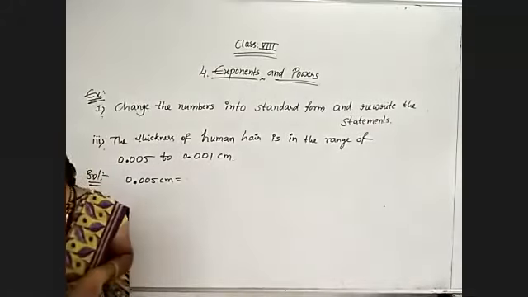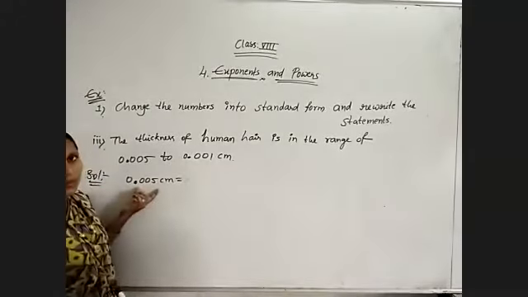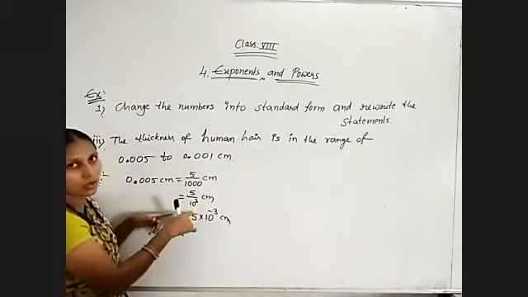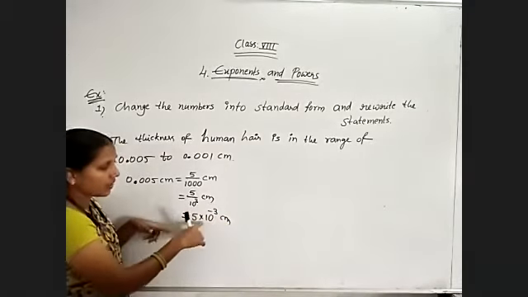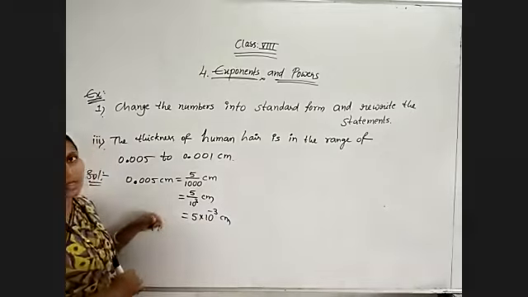First change this number into fractional form. 5 by 1000 centimeters, 3 decimal digits. 5 by 1000 is nothing but 5 by 10 cube centimeters, means 5 into 10 to the power of minus 3, since 1 by a to the power n is a to the power of minus n. So 5 into 10 power minus 3 centimeters.